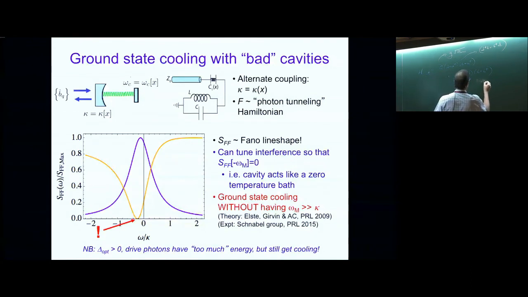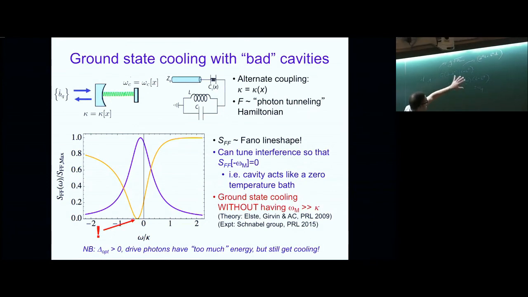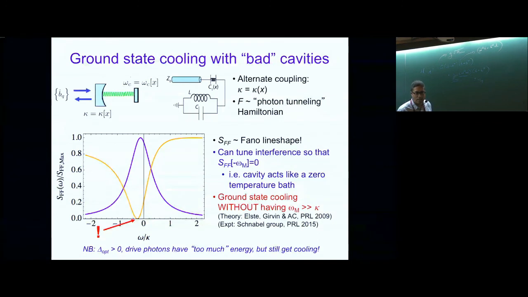It changes the energy by plus or minus the mechanical frequency, because it creates or destroys a phonon. So even if the average number of photons is really low, it's usually a good approximation to ignore this, because this term ends up being suppressed by that very small ratio. Your mean field approximation is much better than you would initially guess, because the corrections not only are missing this enhancement from the average photon number, they're highly non-resonant.